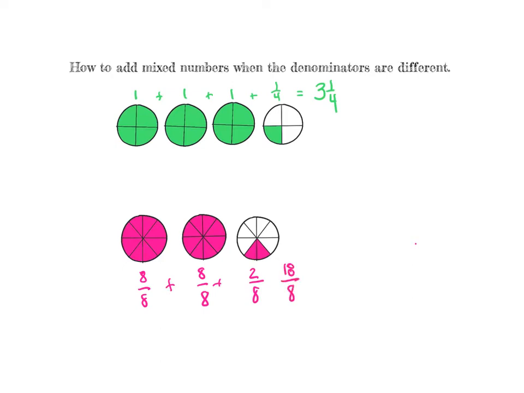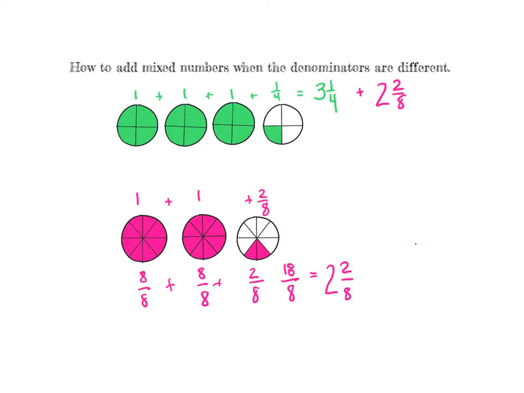But we can visually see that it's 1 whole plus 1 whole plus 2 8ths. So 18 8ths equals 2 and 2/8. This problem is equal to 2 2/8, okay? So we've got our problem. We want 3 1/4 plus 2 2/8.